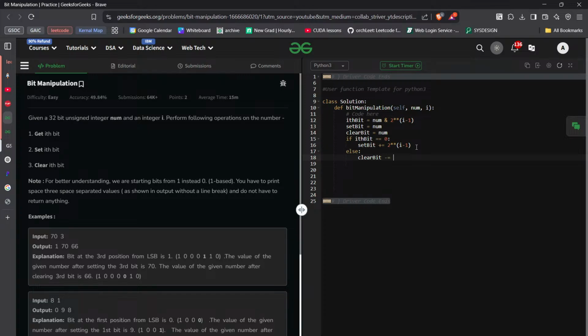Clear bit minus equals 2 raised to i minus 1. Then print the ith bit.